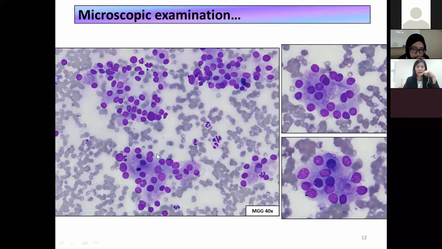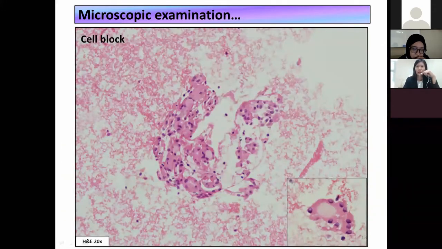appreciate some mild to moderate anisonucleosis. They have abundant, if you agree with me, abundant granular cytoplasm, right? So we proceeded with a cell block, and it shows similar features of microfollicular and follicular patterns with abundant eosinophilic cytoplasm, which suggests a Hurthle cell change.